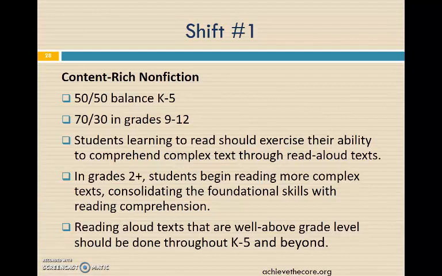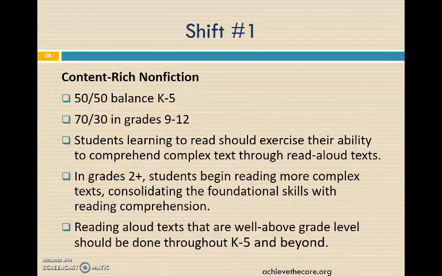So what they suggest is that in K through 5, students experience a balance of nonfiction and fiction. And some elementaries were already doing a lot of this, so this might not be very surprising. But then in 9 through 12, we want to see that shift to 70% nonfiction and 30% fiction.